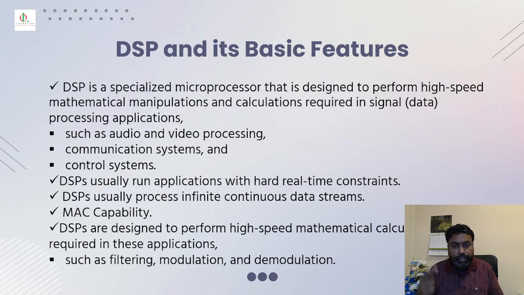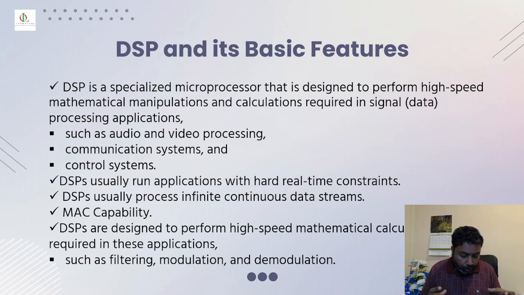In one single instruction cycle, it can be processed, so that's why it's MAC. And DSPs are designed to perform high-speed mathematical calculations, such as passing through a few phases of filtering, modulation, and demodulation. Through this, the DSP comes in handy compared to the general processor.